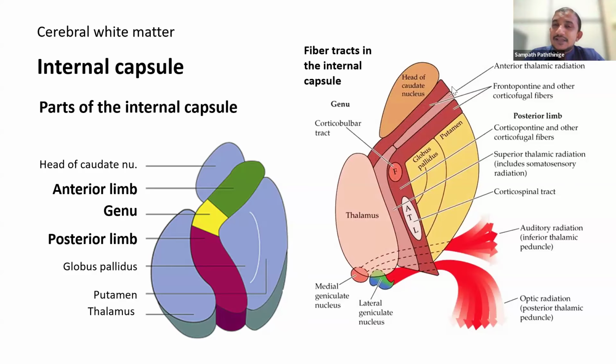So this shows the different relations, different parts, and the components of the internal capsule. So that is one of the main components of the projection fibers.